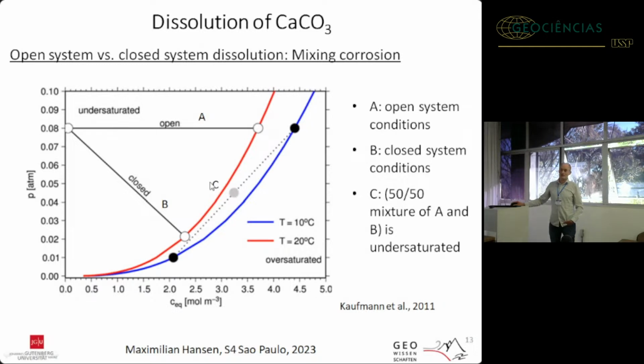So the capacity to dissolve carbonate from the mixture of the solution is then higher, right? This is maybe a point where you can form bigger chambers or something like that.